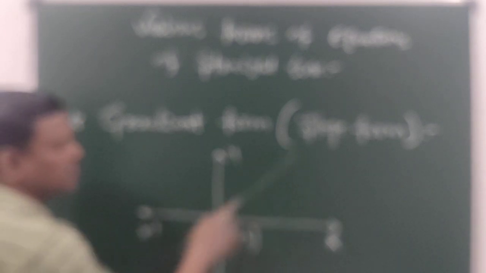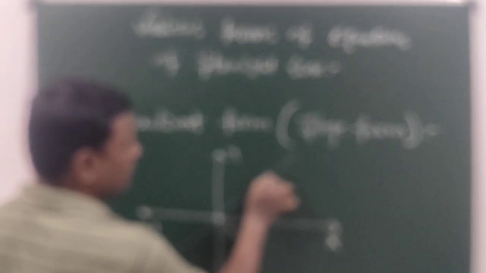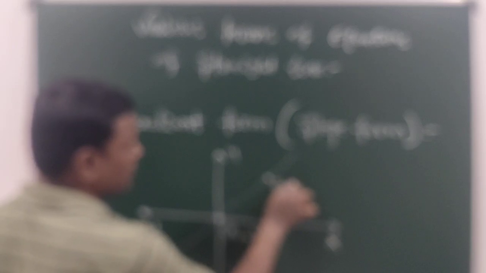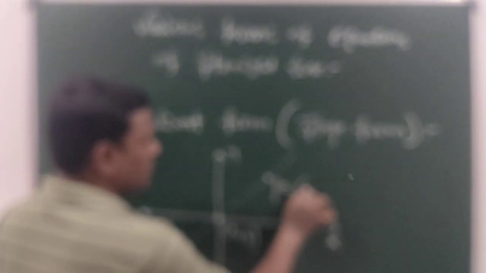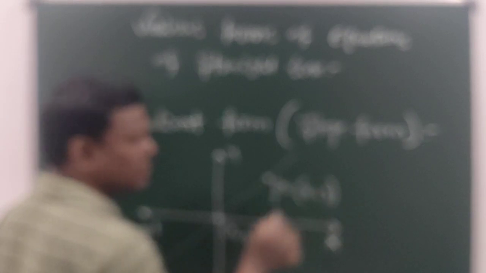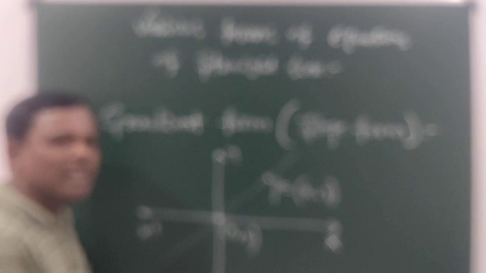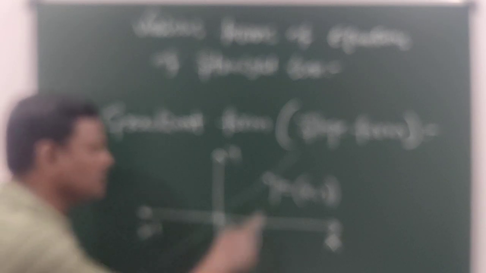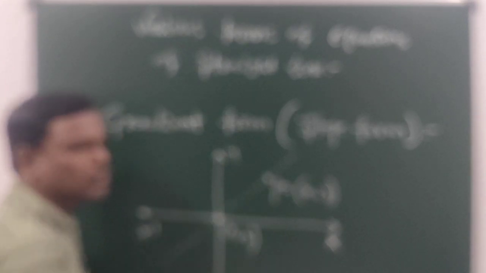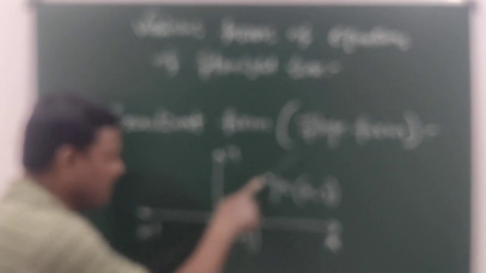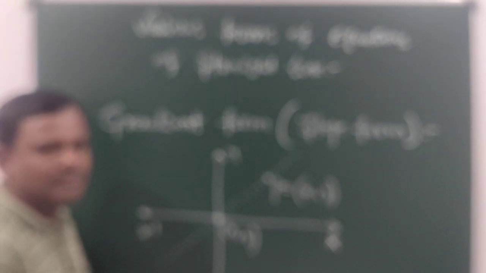Among these infinitely many points, consider any one point P. Here it is locus point, so we have to consider that locus point as x comma y or x1 comma y1, your wish. Here I am taking that point coordinates as x comma y, because this is locus point. It can be taken anywhere on this group of points.